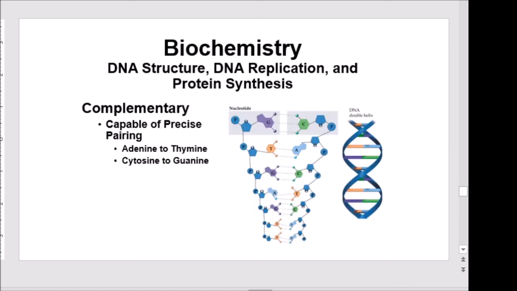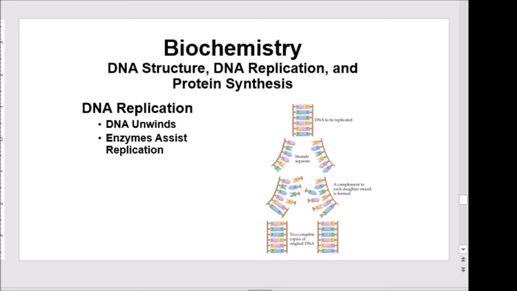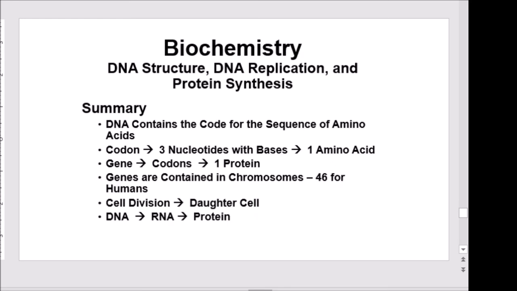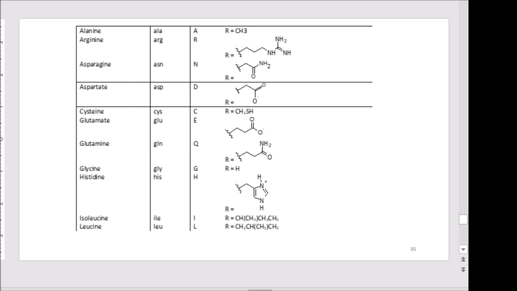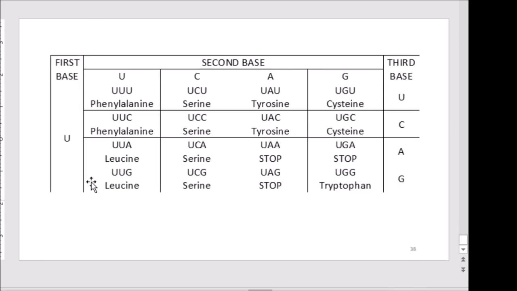So what will I be testing you on? A to T, C to G, I'll let you read up on all of that. But what I really am worried about is how to read one of these codons. The codon codes is what we're after. I'll give you a series of these, and it'll give you the base.